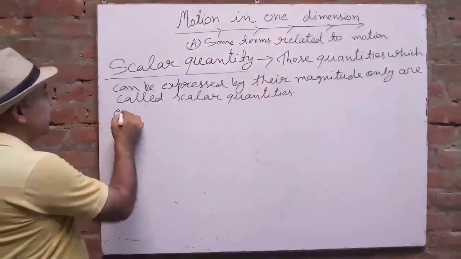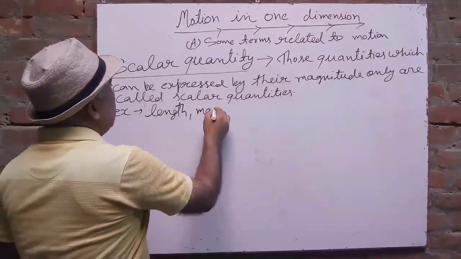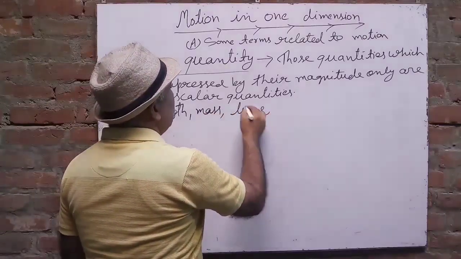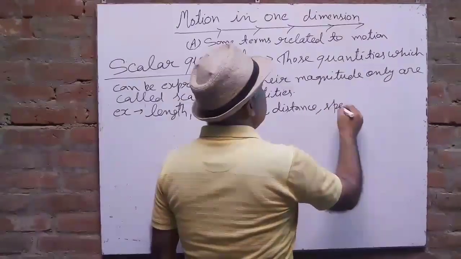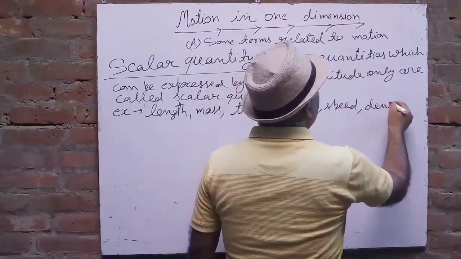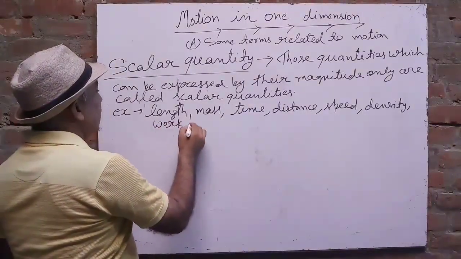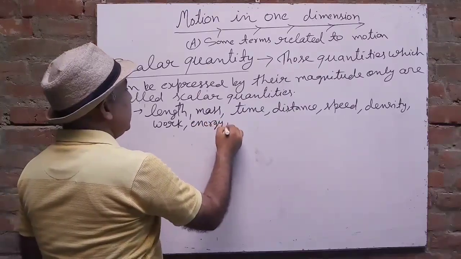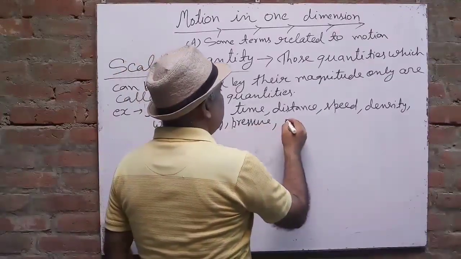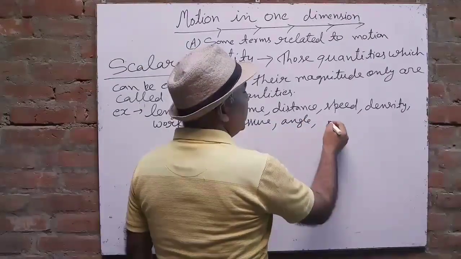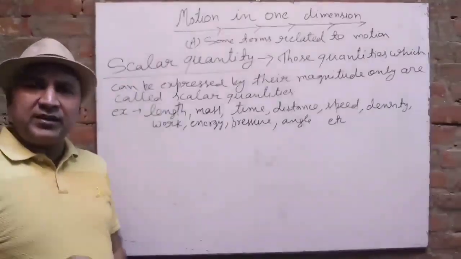So see the examples of scalar quantities: length, mass, time, distance, speed, density, work, energy, pressure, angle, frequency, amplitude, etc. All these are known as scalar quantities.